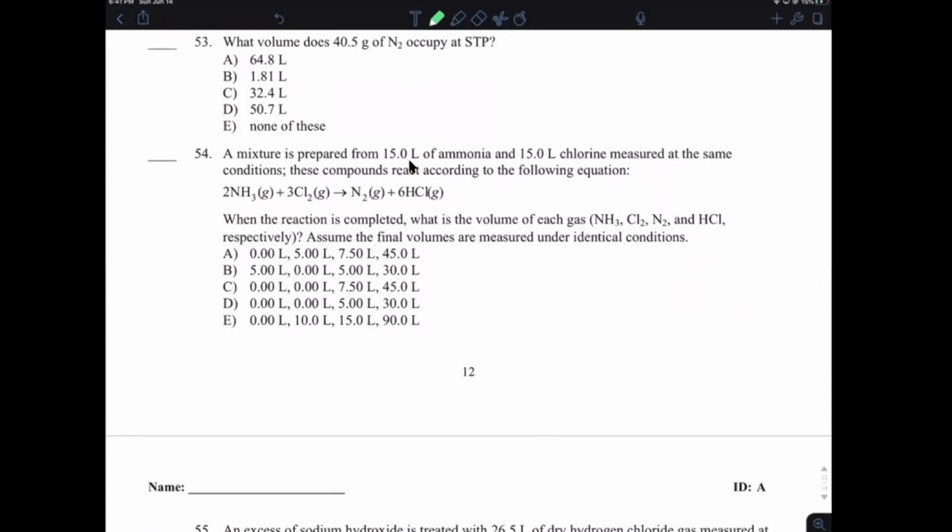All right, so in this case, since we're working with gases, what do we have? 15 liters of ammonia. And what was our conversion factor again? For 1 mole NH3, how many liters of NH3 are there?